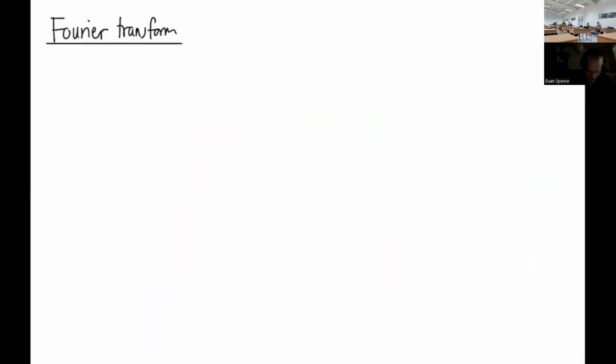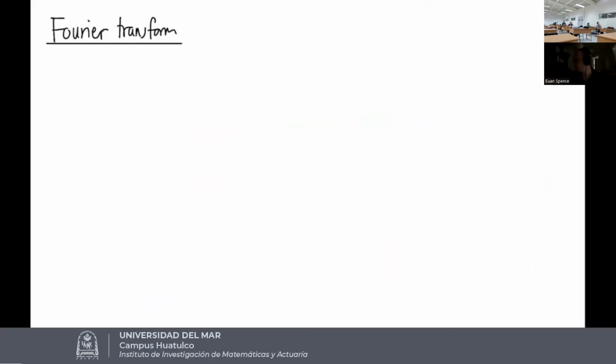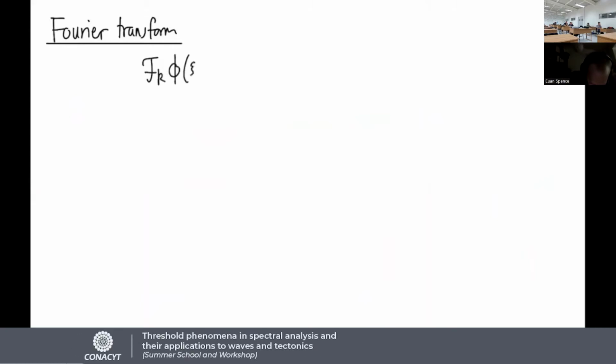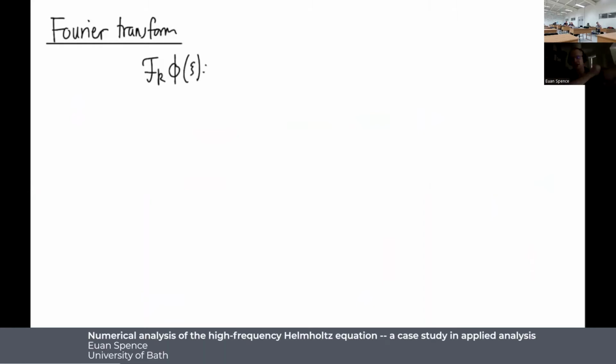Right, so let's now recap the Fourier transform. Everything I'm going to write on this board, you will have undoubtedly seen before, but this is your reward for persevering through this numerical analysis that's perhaps a little bit less familiar to you than the Fourier transform.